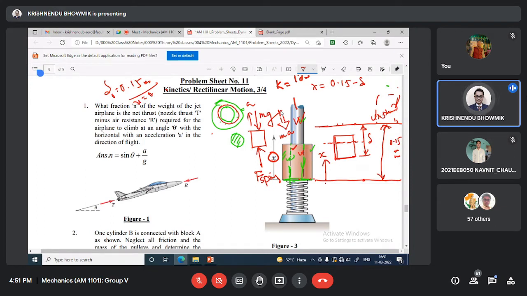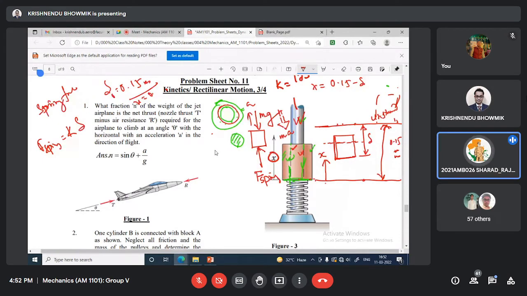Now, what is the spring force? F spring is equal to k multiplied by delta. When delta equal to 0, the spring force is 0.